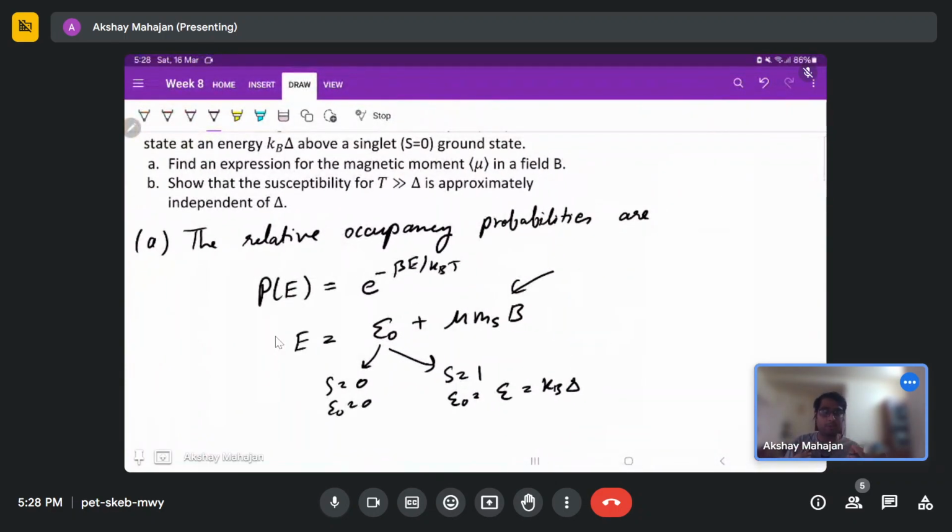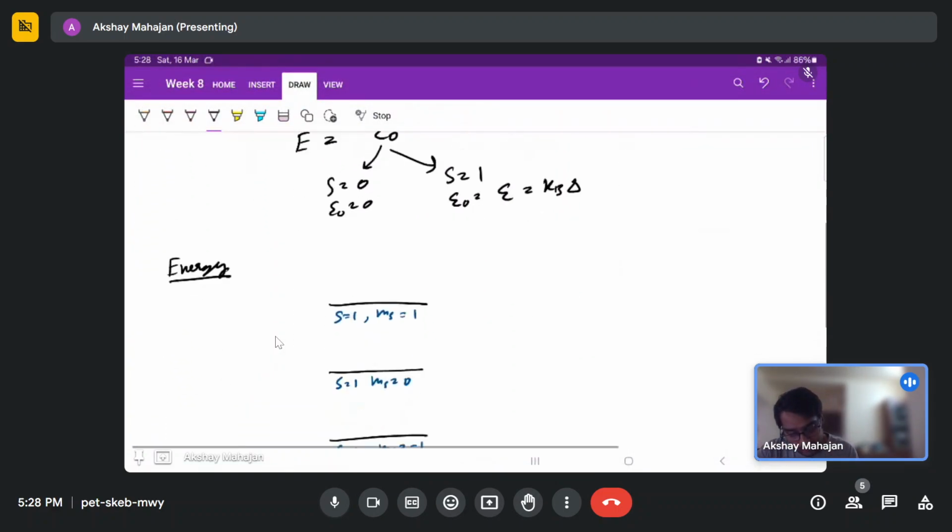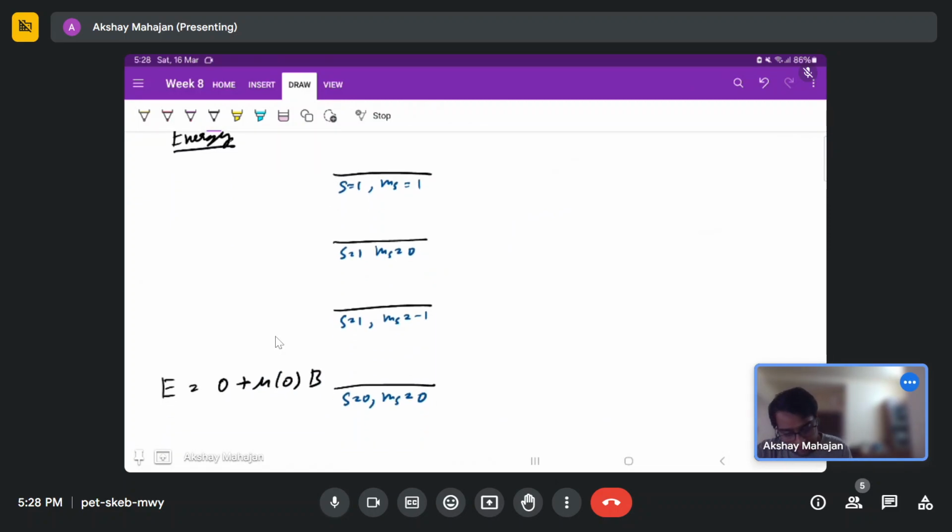If it was just in terms of the magnetic moment, then it would be minus mu times B.